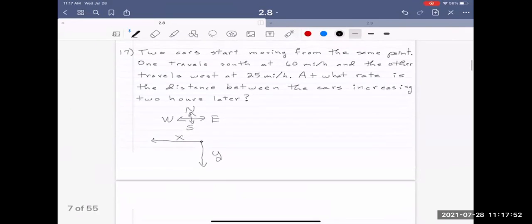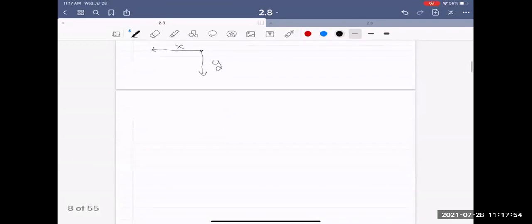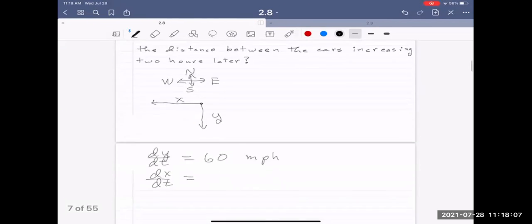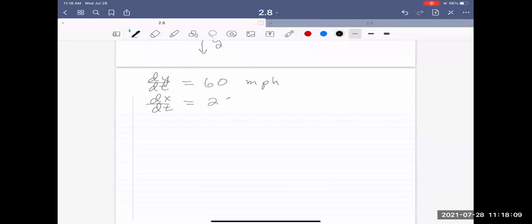So the one traveling south is at 60 miles per hour. The other travels west at 25 miles per hour.